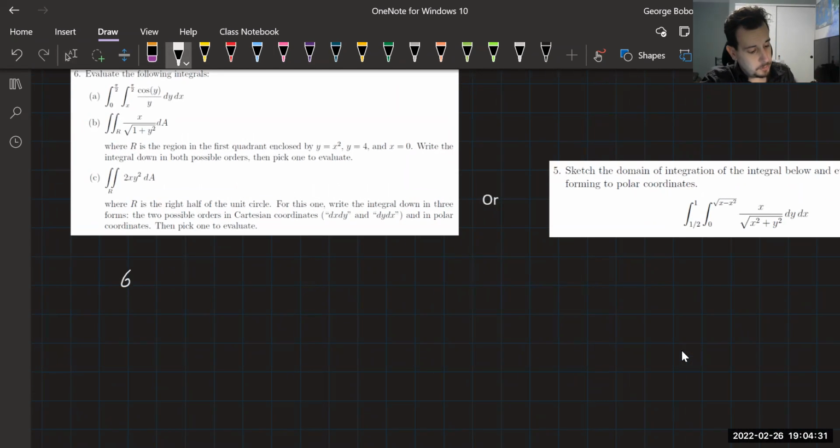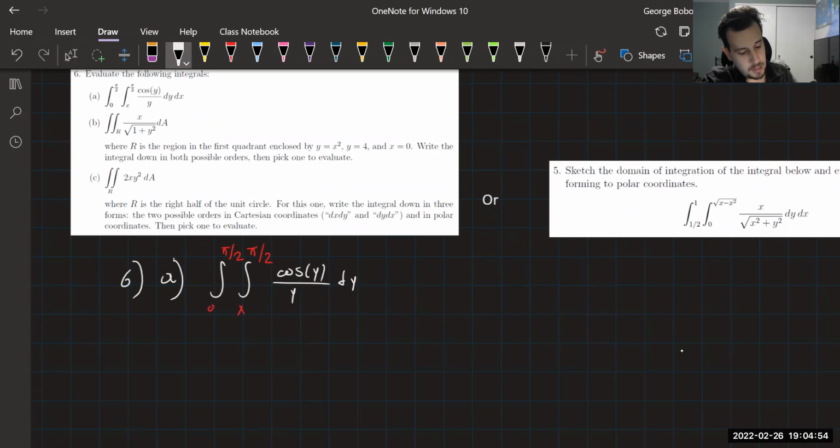So the first one I wanna look at is 6a over here, starting easy and then developing more and more and more. So this is an integral that goes from 0 to pi over 2 and from x to pi over 2. We're gonna have to mind the integrand right now because the way this is written right now, it's not possible.